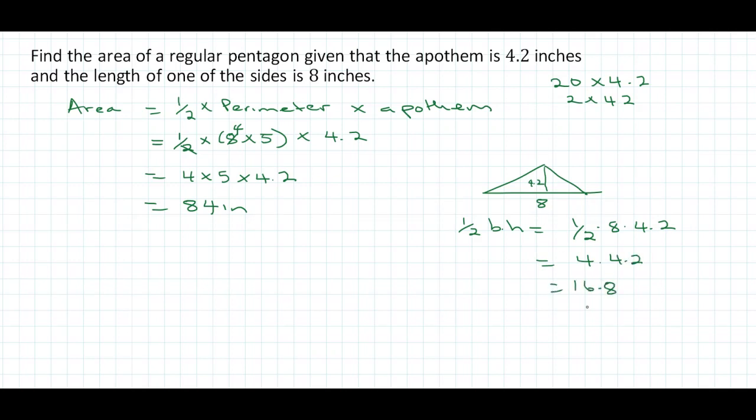And then you have 5 sides, you multiply that by 5, and then you're going to get 84.0. So you end up with 84 inches. So you can see that regardless of the method you're going to use, you're always going to end up at the same answer.